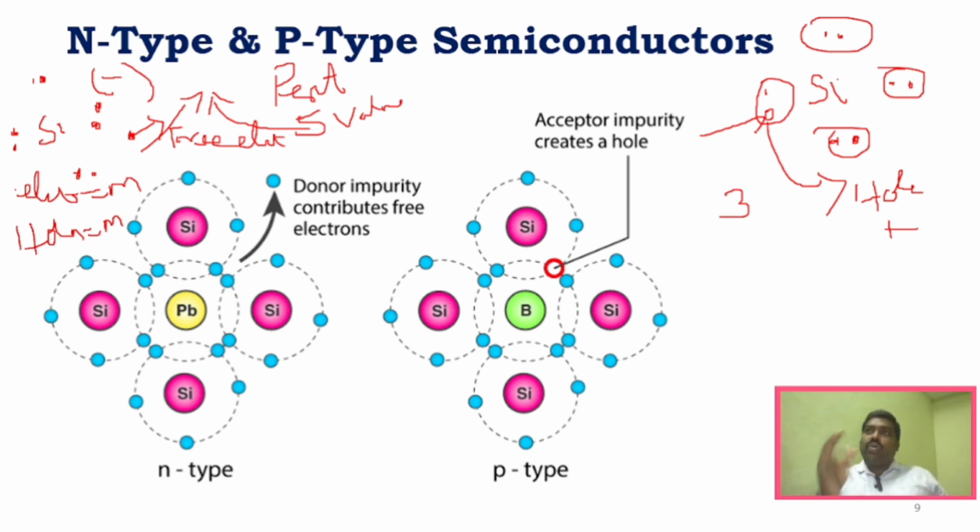So it creates holes, and if the holes increase, that is called a P-type semiconductor. That is why in a P-type semiconductor, the majority carriers are holes, whereas the minority carriers are electrons. So now you understand what N-type and P-type semiconductors are.